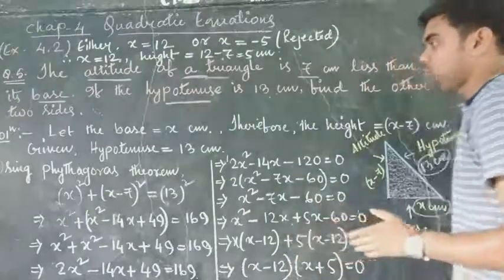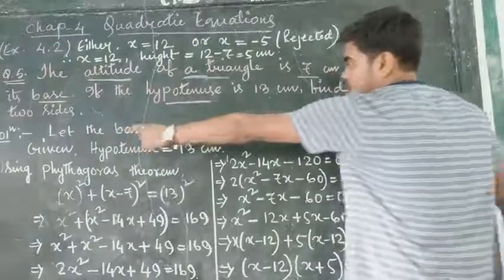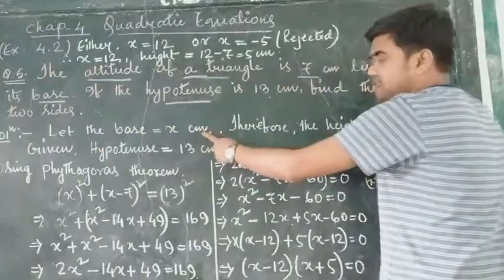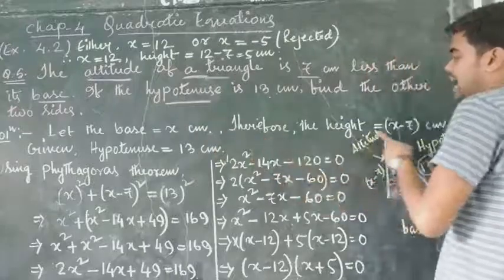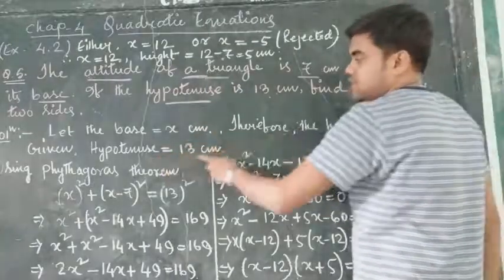So suppose I let the base be x centimeter. Therefore the height is x minus 7 centimeter, and the hypotenuse is given, 13 centimeter.